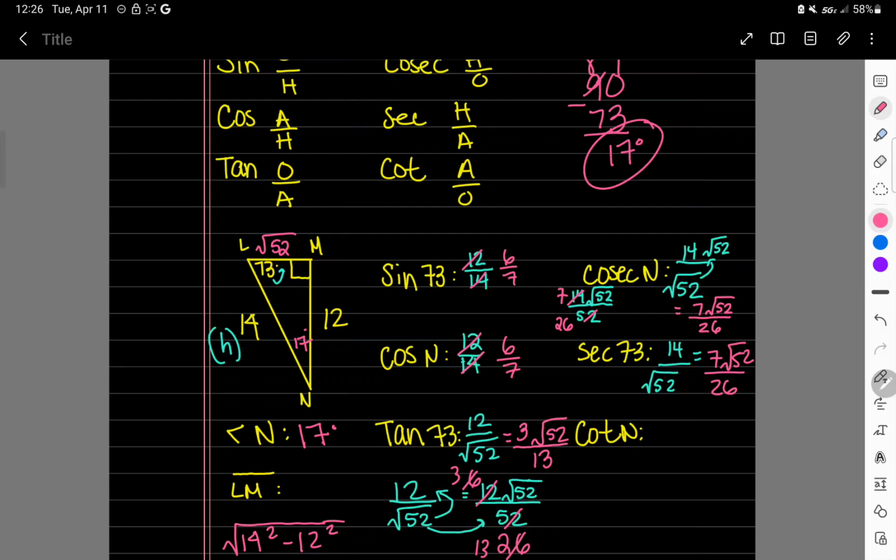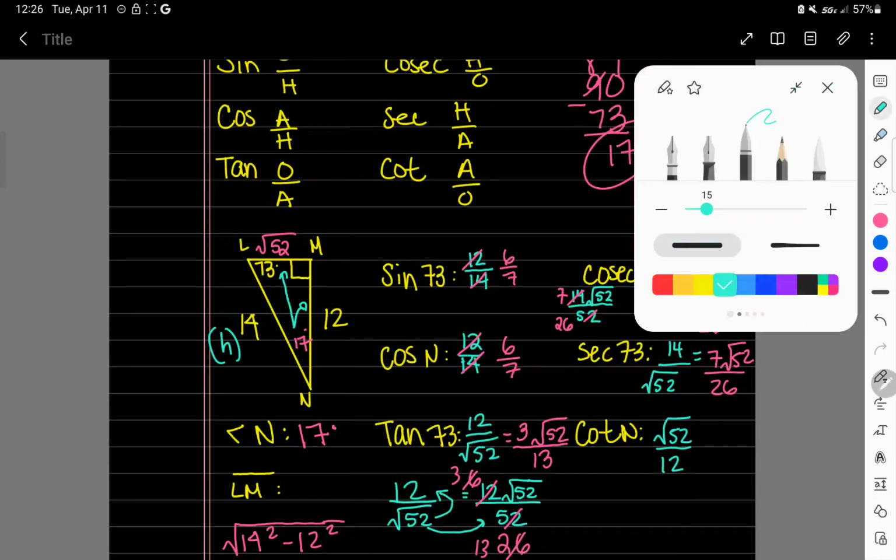And then cotangent of n. Cotangent is adjacent over opposite of n. So opposite over adjacent would be 12. So this one, we don't have to fix it because that square root of 52 is at the top, not at the bottom, so we don't have to bring it up.